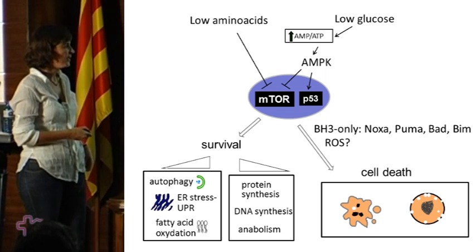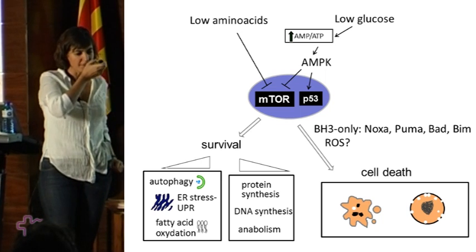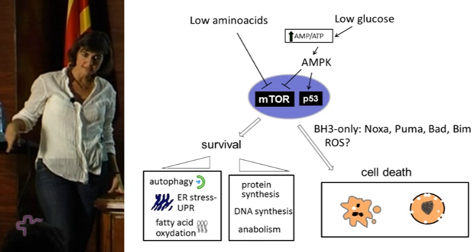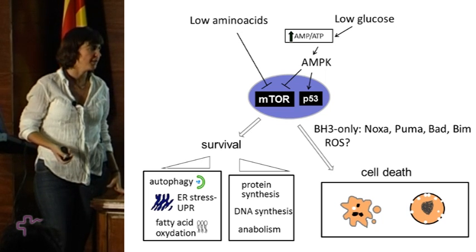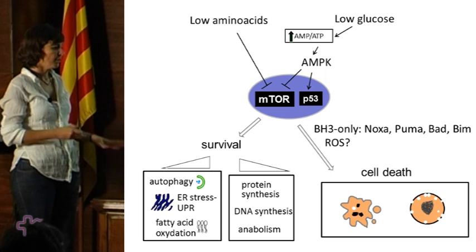So we employed cells that are deficient in BAX and BAK, so they cannot undergo mitochondrial permeabilization, and they have to die by necrosis, we thought, because the mitochondrial pathway is inactive.